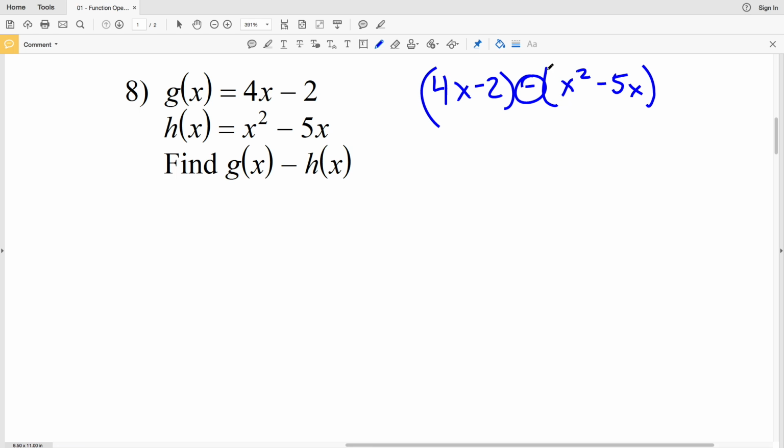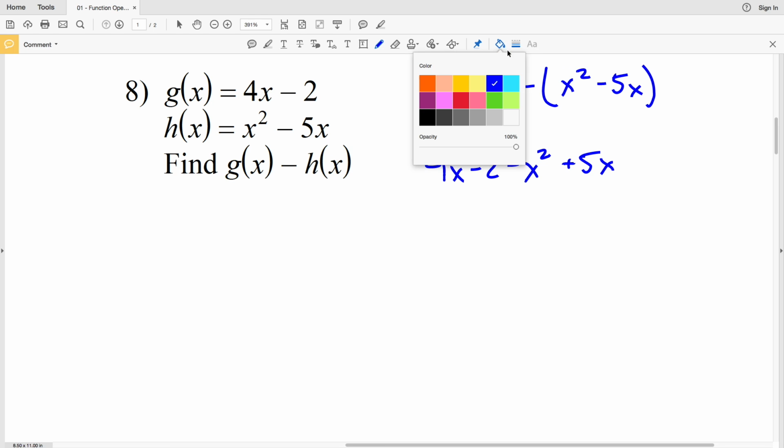Now because I'm subtracting that entire function, we can think of this as distributing that negative. So I'll have 4x minus 2 minus x squared minus a 5x that's subtracted, so minus a negative, that will be plus a 5x. Now I'll combine my like terms, which is 4x and 5x, and then simplify.